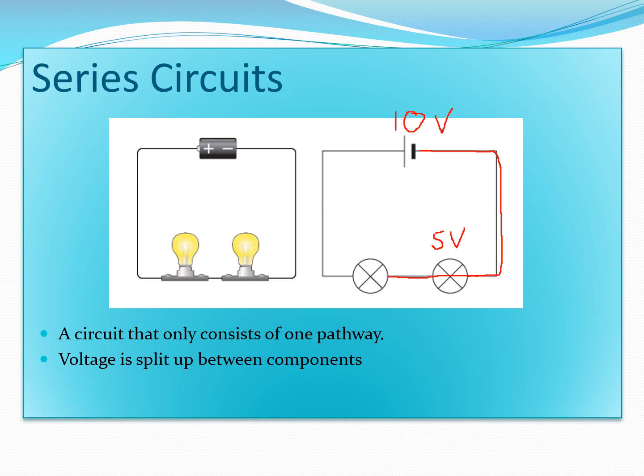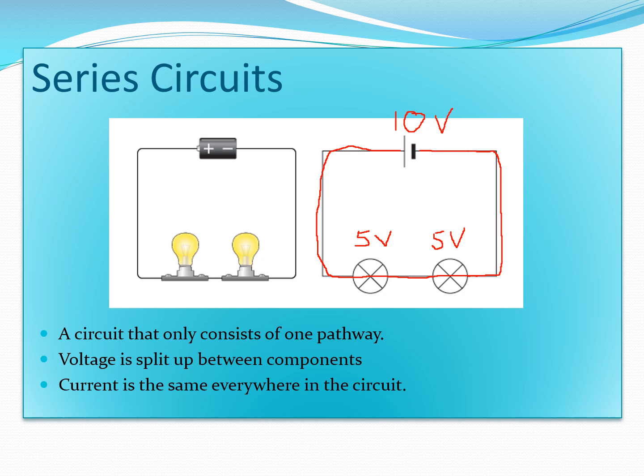So by the time it gets here, it's only got another 5 volts left. Okay, so now there's no volts left. It's coming round, and when it gets back here, it charges up again, you can think of it like, and 10 volts come out again, come round, 5 volts go into here, 5 volts go into this one.